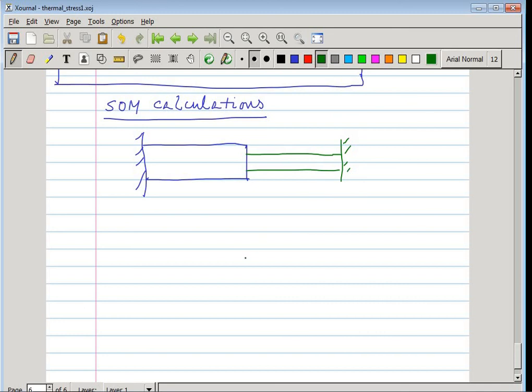Now this is L1 and this is L2. Now what happens if you allow both of these portions to expand freely? Then this blue one goes here, and the green one goes here, say.